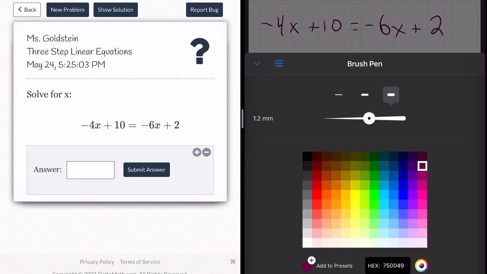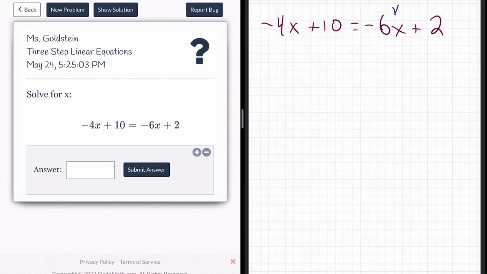I noticed that my terms with x are on different sides of the equal sign. You just want to pick one of the sides to get all your x's on. My advice would be if there's negative numbers, try to get the biggest negative on the other side so things turn out positive. So I'm going to use inverse operations.